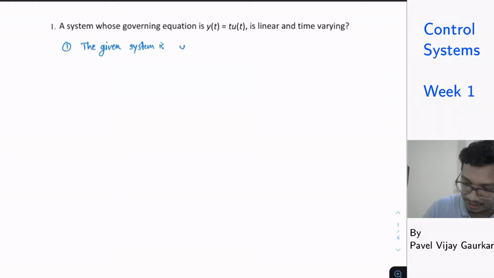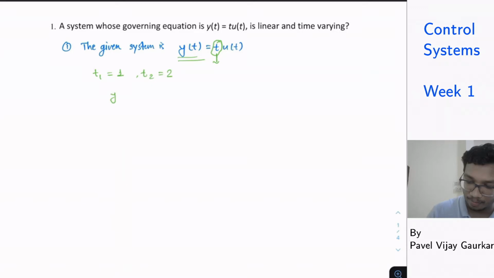Since this term t is indeed the time, the response y of t will be different for different times. For example, let's take t1 equal to 1 and t2 equal to 2.